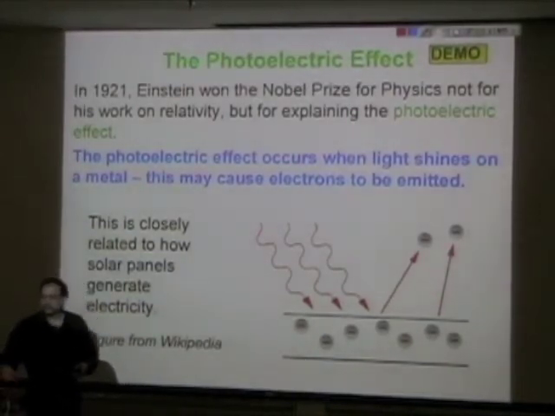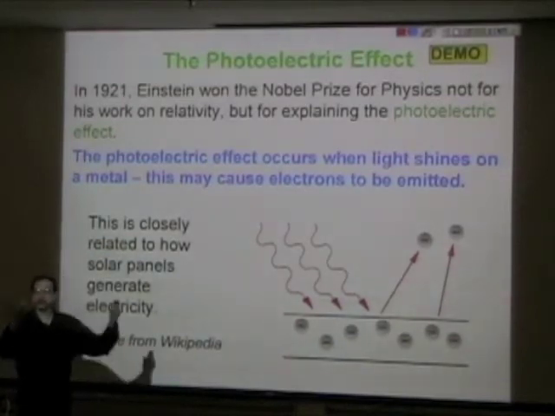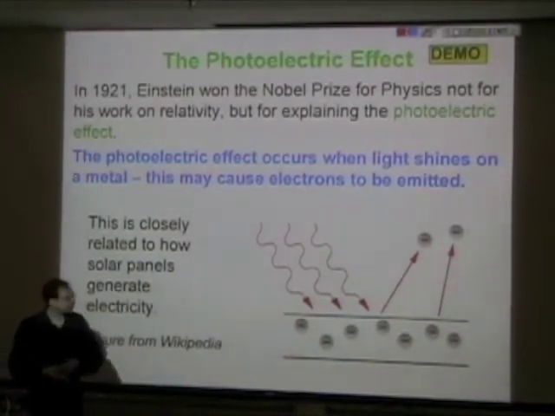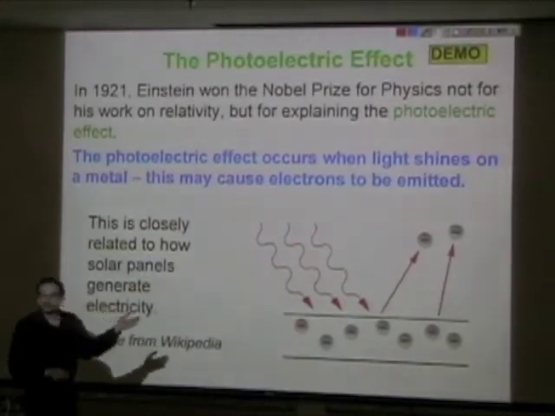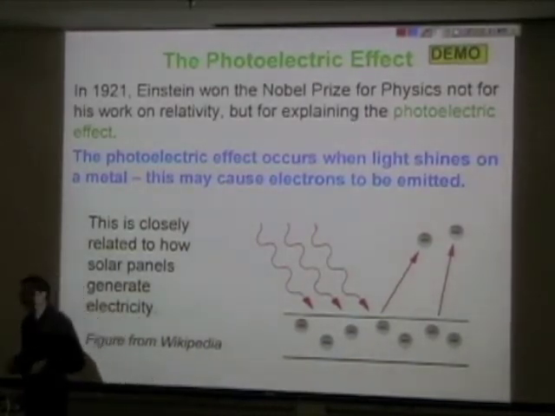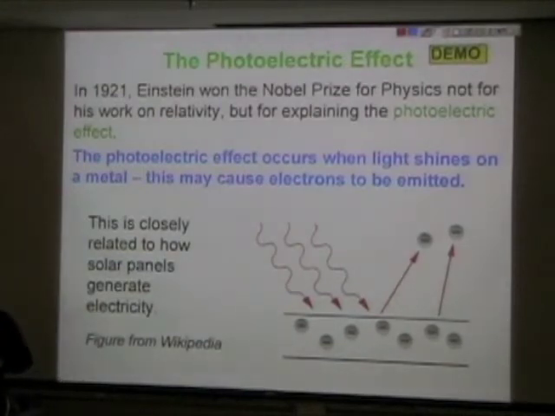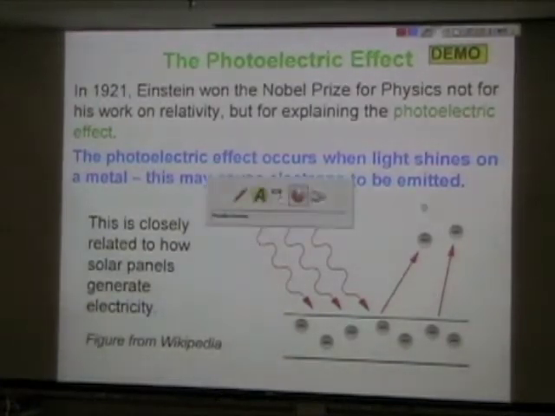It also has protons, which attract electrons. So if we want to make the electron leave this object, it has to overcome the force of attraction. When this starts happening, we call it the photoelectric effect.